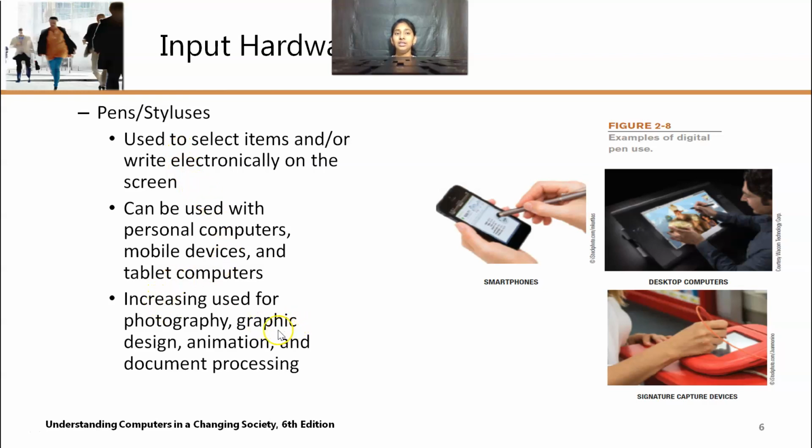It is increasingly used in photography and graphic design and animation and document processing. You can write your own notes on the display screen using pens or styluses. So the handwriting recognition software will detect your text.